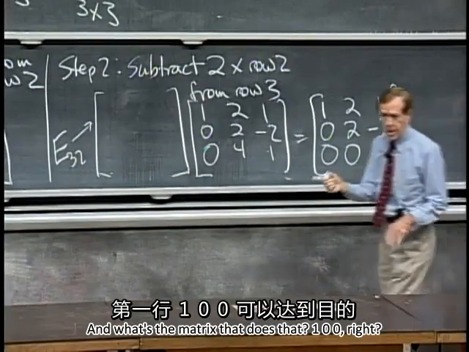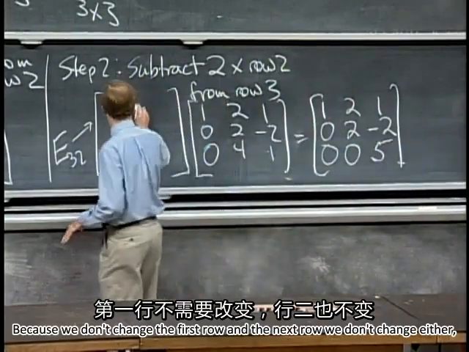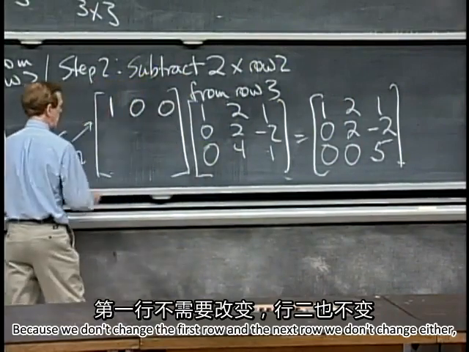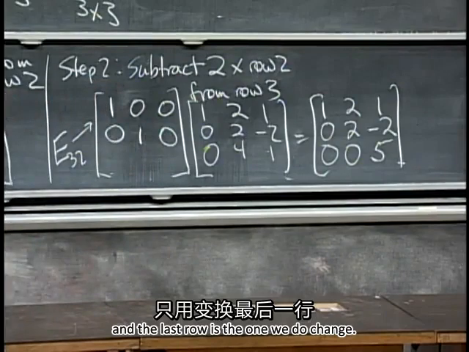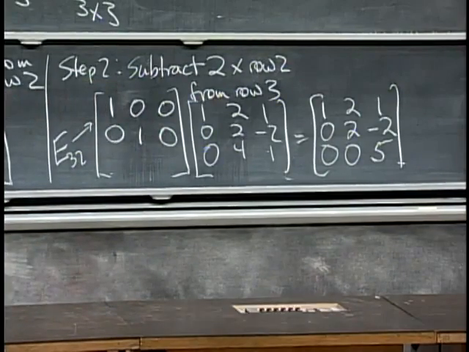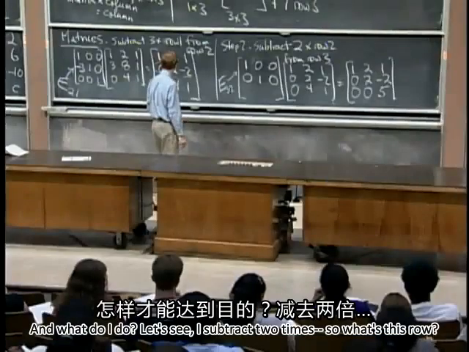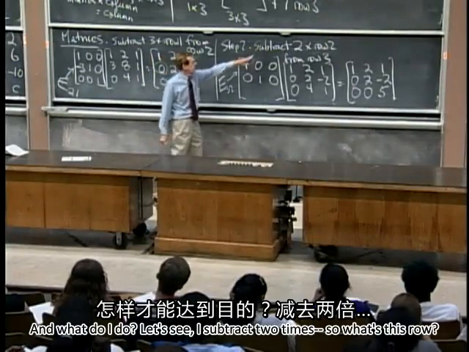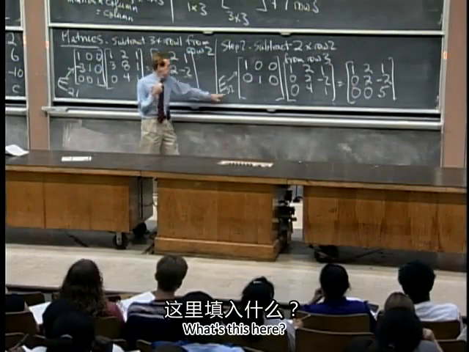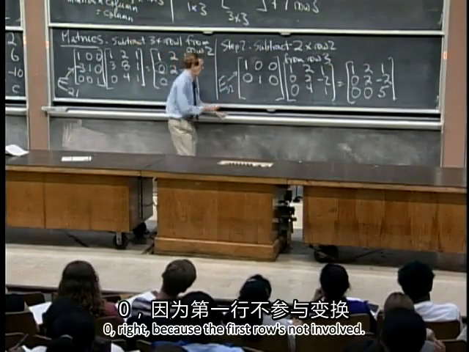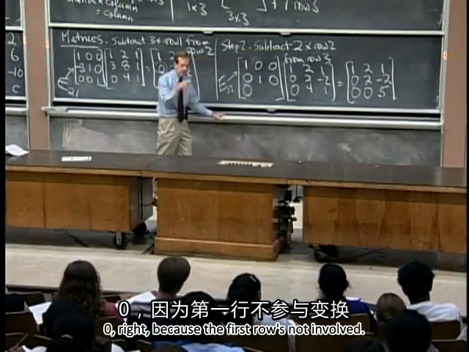1, 0, 0, right? Because we don't change the first row. And the next row we don't change either. And the last row is the one we do change. And what do I do? I subtract 2 times, so what's this row? 0, right? Because the first row is not involved.